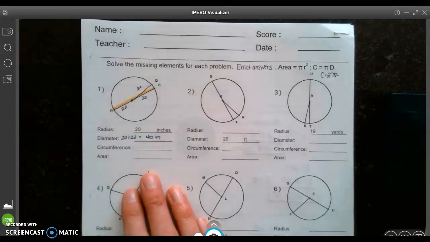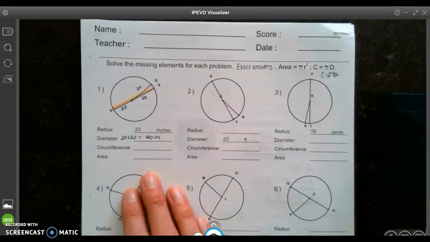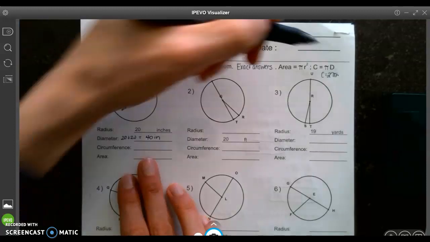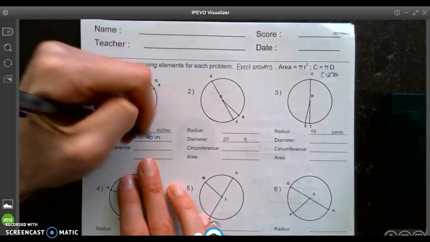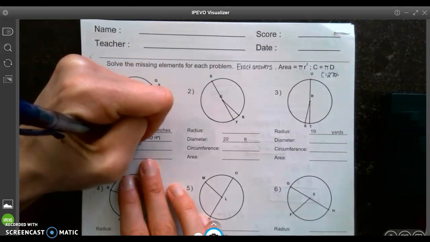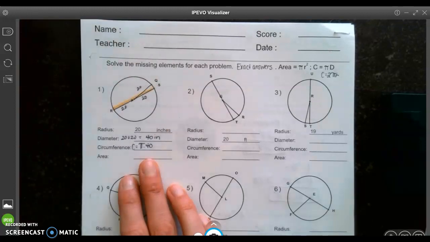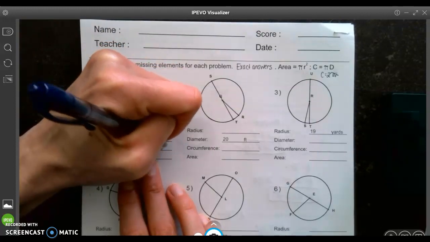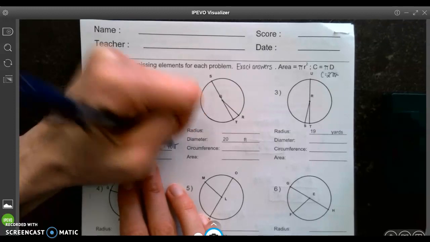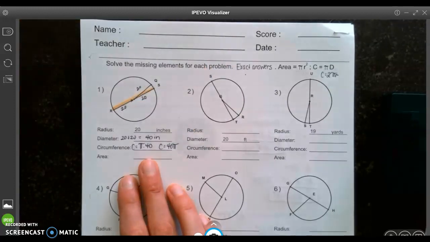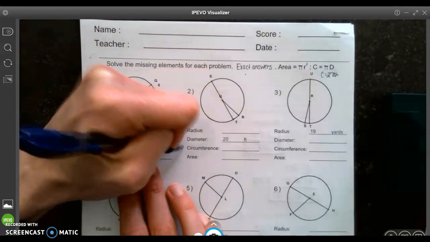I just add 2 radii together to get a diameter. Then if I'm using pi times diameter for circumference, circumference equals pi times 40. So this one equals 40 pi, because I want exact answers, 40 pi inches.